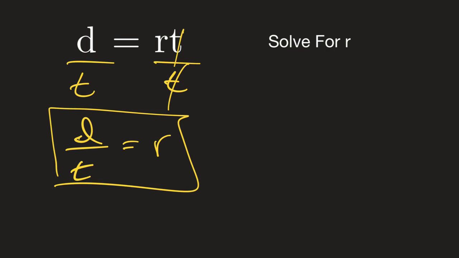Okay? So now we have rearranged, we have solved the distance formula for R, which is rate, and now when we get those distance problems and the only information that you're given is distance and time, guys, rate is equal to distance divided by time. You're going to take the distance number and divide it by the time number, and that's going to equal the rate.